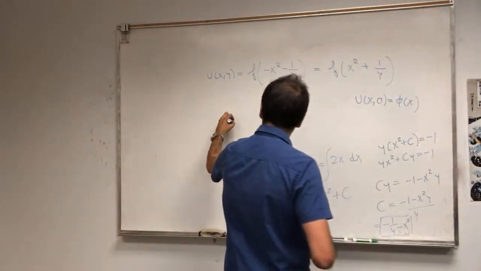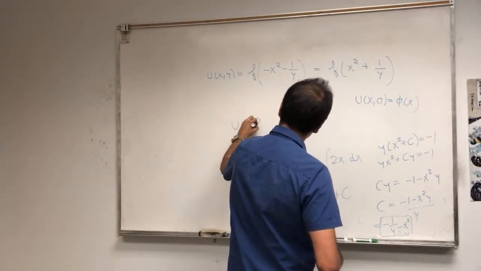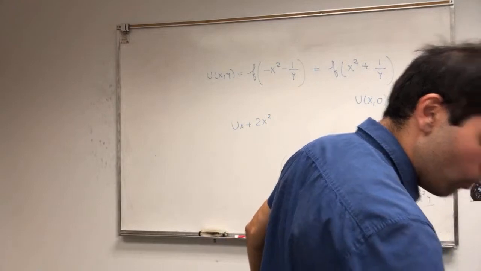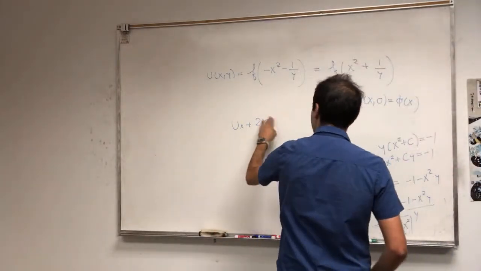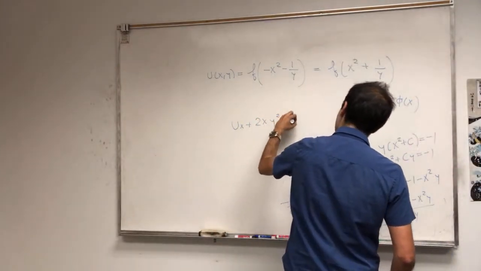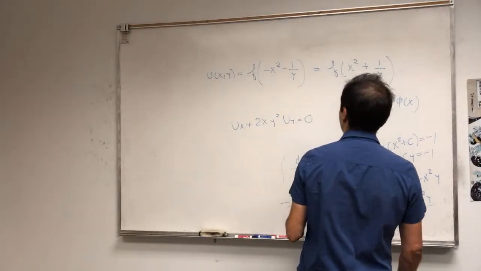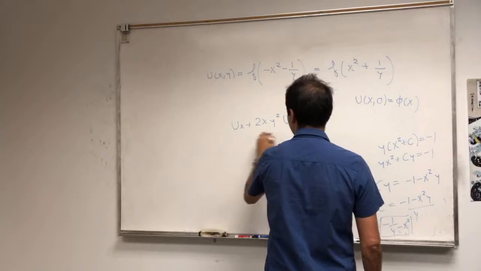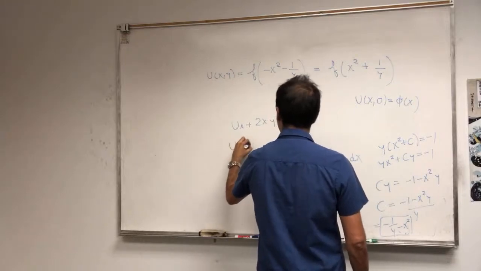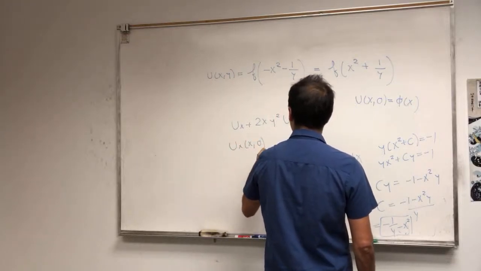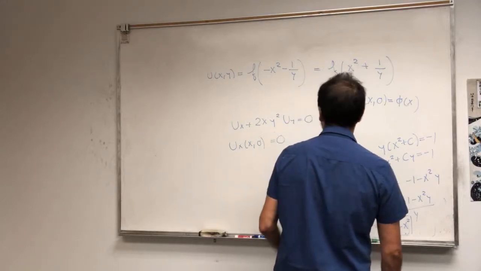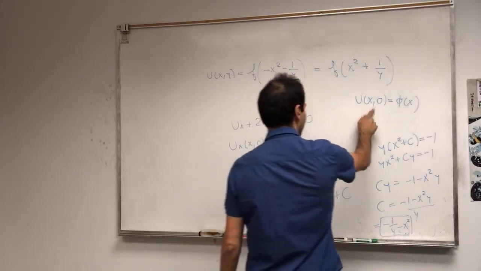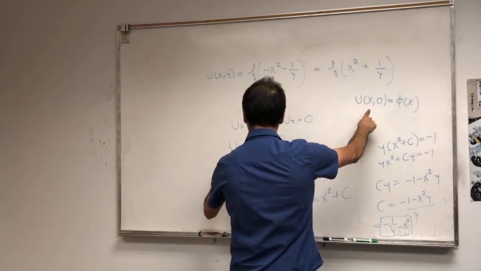So ux plus 2x squared xy squared equals 0. Well, I guess if you plug in u of x0, you have a 0 here. So you have ux x0 equals 0. But then ux x0 becomes phi prime.